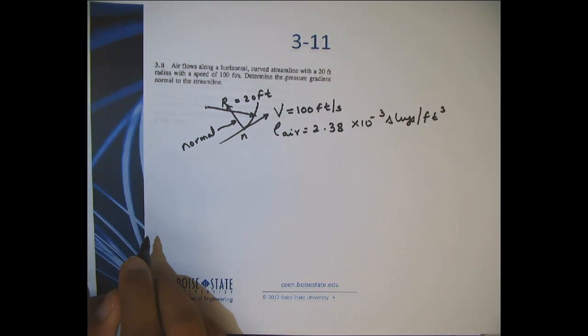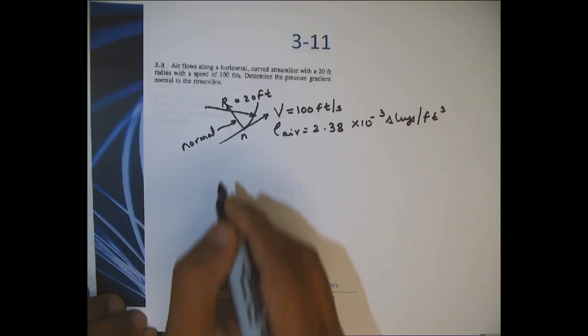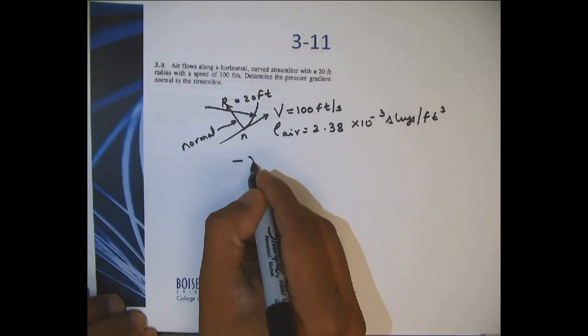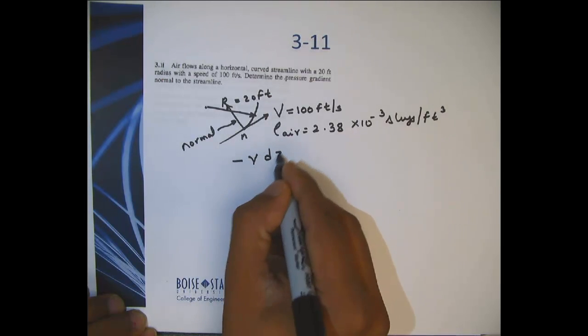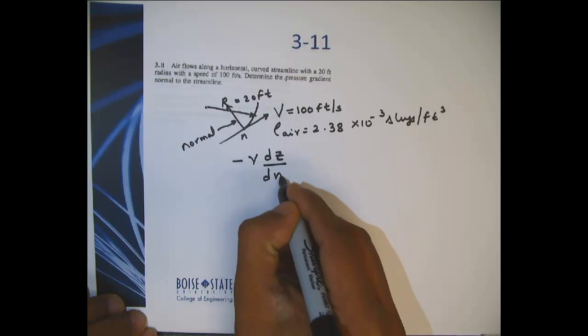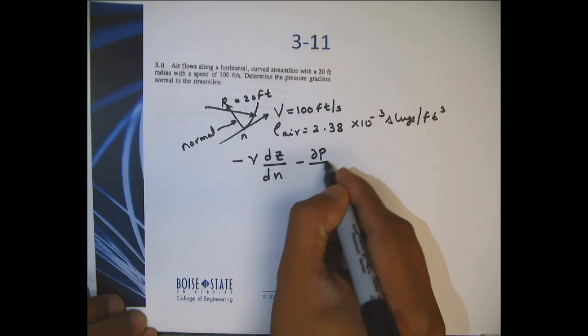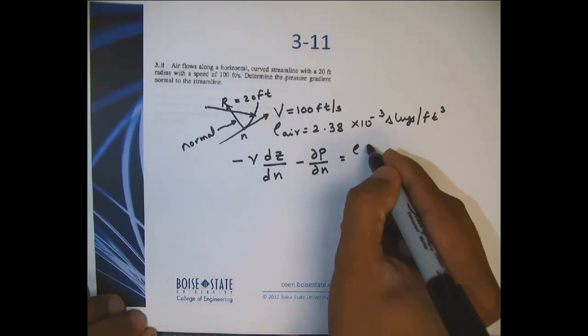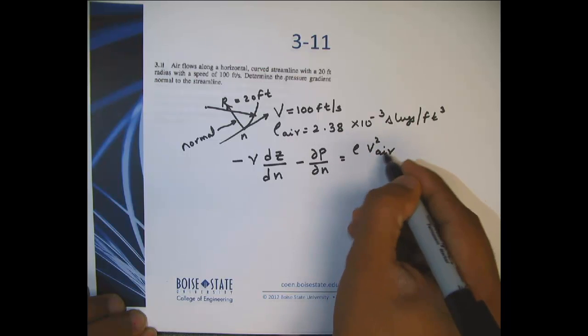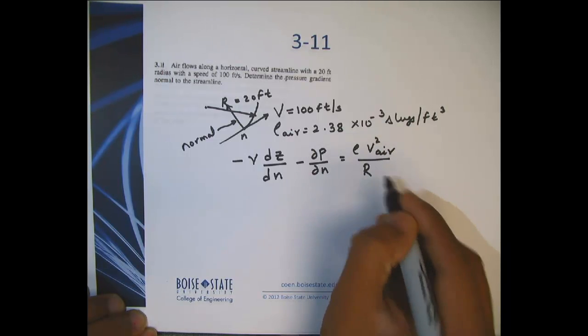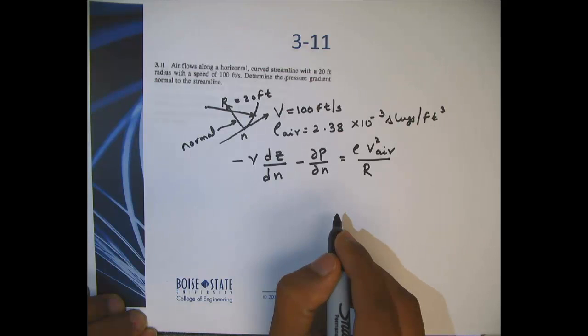We learned the pressure gradient normal to a streamline for an inviscid flow in the absence of gravity. So the way I can write a general form of that, and you can find this on page 108, which is equation 3.10a.